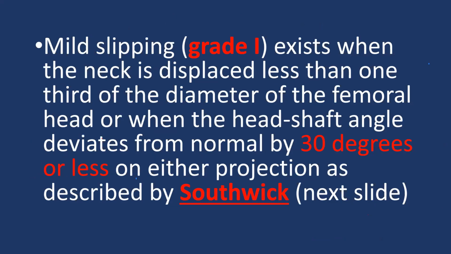Mild slipping, grade 1, exists when the neck is displaced less than 1/3 of the diameter of the femoral head, or when the head shaft angle deviates from normal by 30 degrees or less on either projection, described by Southwick.